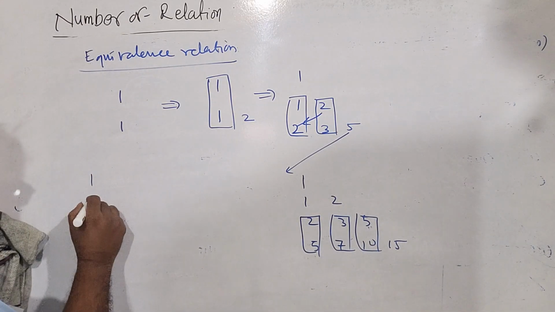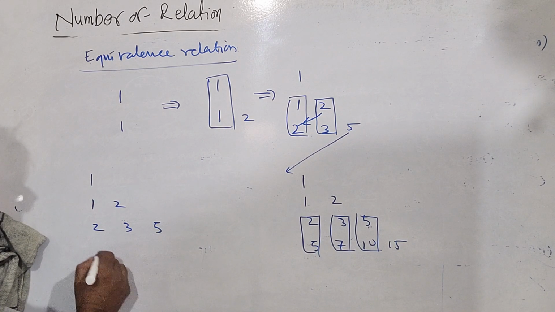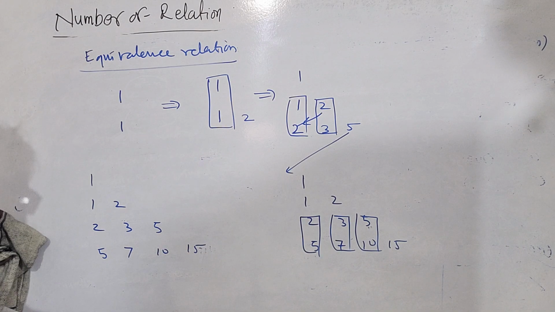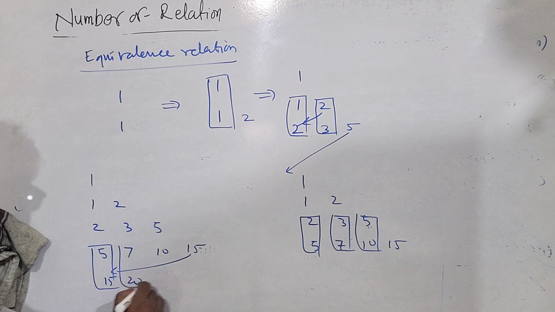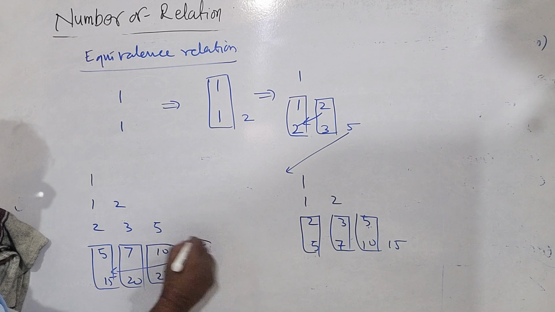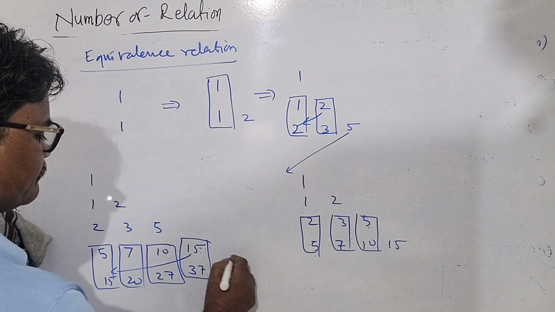So this is 1, 1, 2, 2, 3, 5, then 5, 7, 10 and 15, and then 15 will come over here. So 15, 15 plus 5 is 20, 20 plus 7 is 27, 27 plus 10 is 37, 37 plus 15 is 52.